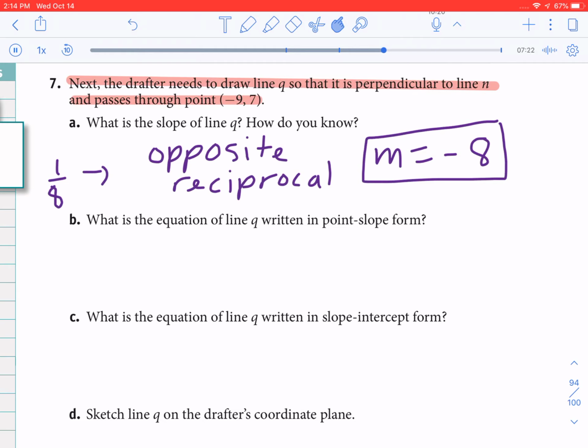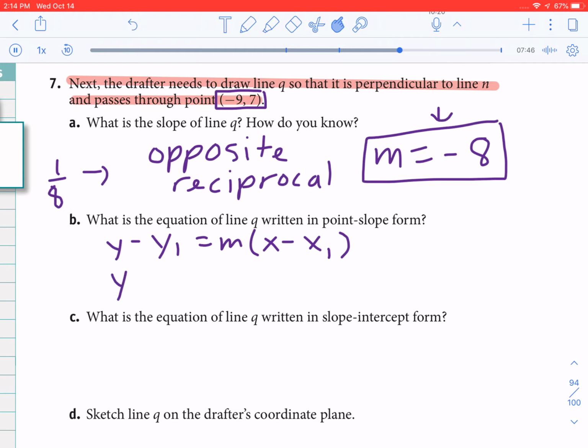So once again, we're asked to put this in point slope form. y minus y1 equals m times x minus x1. Again, you'll see that from that first problem, we happen to know what a point is, a single point, which is right here, -9, 7. And we know what the slope is, which is right here, -8.